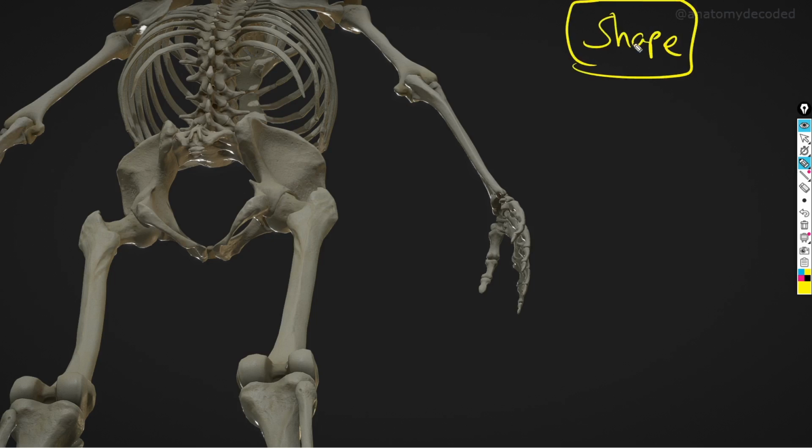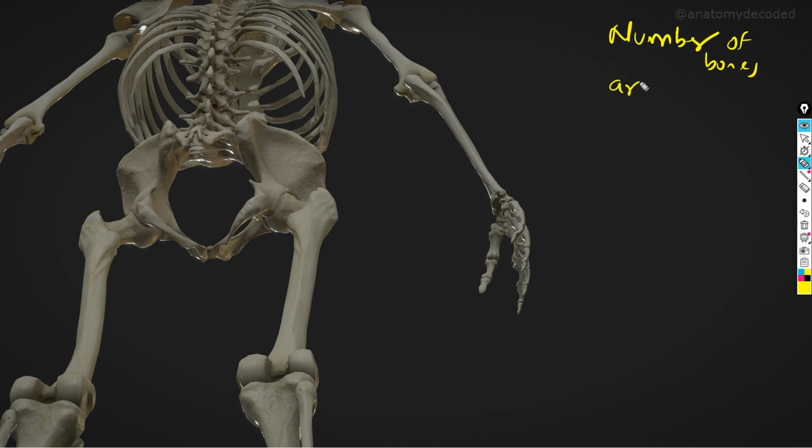Okay, there is one more classification of synovial joint with respect to the number of bones which are articulated, and also there might be a disc called an articular disc in between the articular surfaces. Let me try to explain now. Normally in any joint we say two bones are articulating and forming a joint.